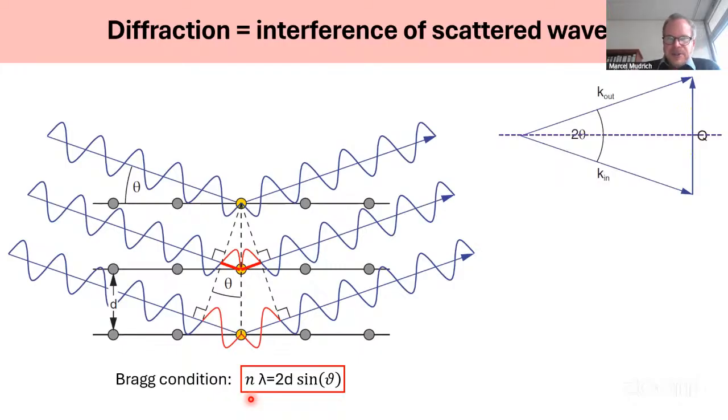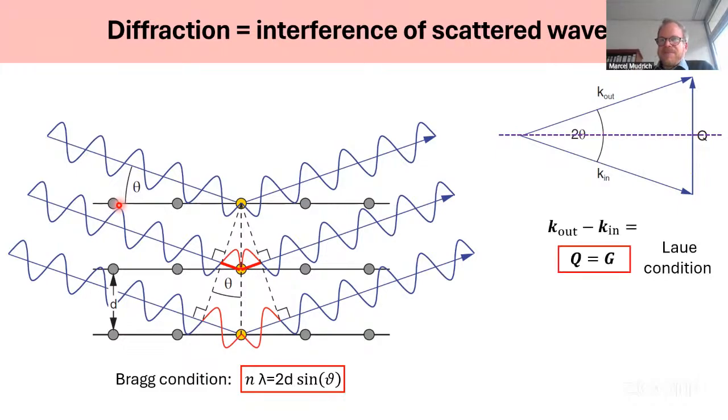Now, if we take into account that crystal lattices are not just infinite planes, but they actually consist of individual lattice sites from which the light is diffracted, then this can be formulated in terms of this Laue condition for constructive interference.